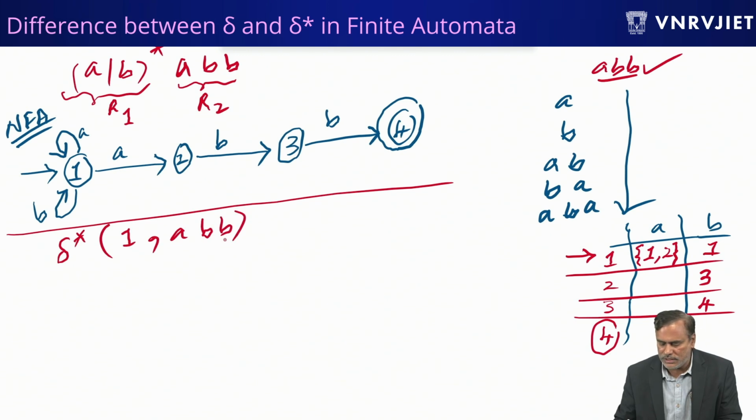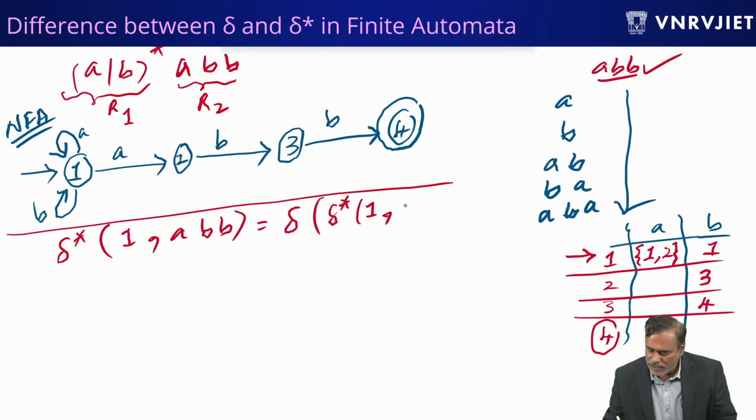It is as follows: delta of delta star of 1 on ab, and then b.